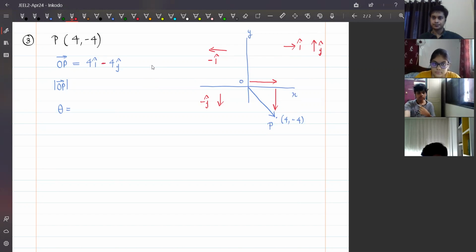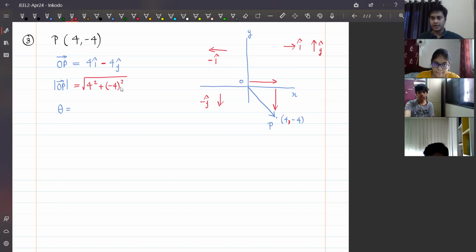But sir, the i cap will also be minus, right? Only j cap is minus, i cap is not minus. So that's why I'm writing minus 4 j cap. But the magnitude is also minus 4? See, the formula for magnitude is root over x square plus y square.